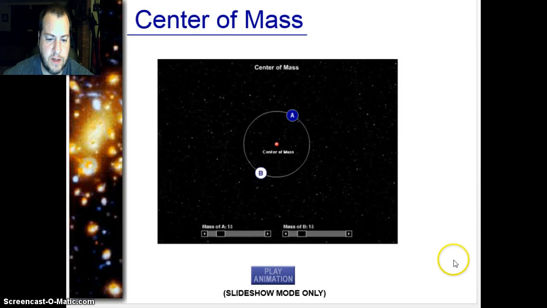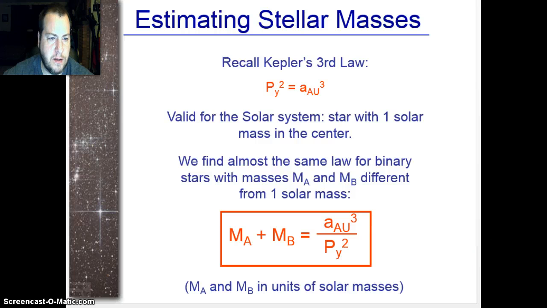I'm going to skip this next slide, and let's go back real quick to Kepler's law. Remember that Kepler's law says the period in years squared is equal to the astronomical units cubed. Okay, this is only valid for the solar system where the star has one solar mass in the middle.